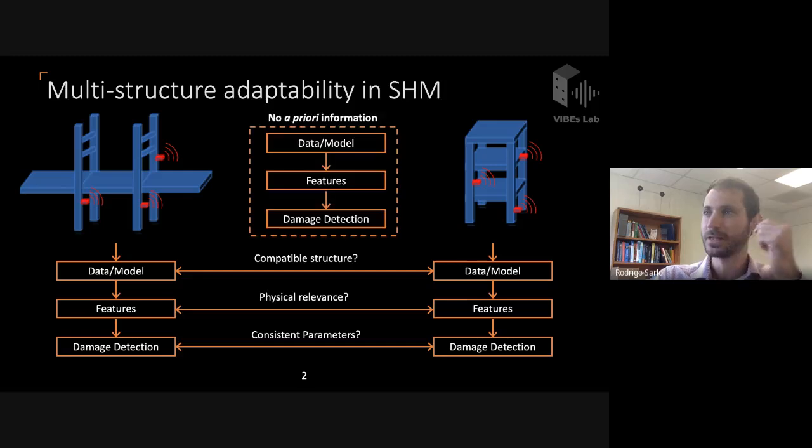What I'm going to talk about today is slightly complementary to that, where we start with no a priori information about the structure we'll be dealing with and design a framework that's essentially general, structure agnostic, if you will, and then feed in the data at the end and allow the framework to resolve some of the structure-specific nuances.